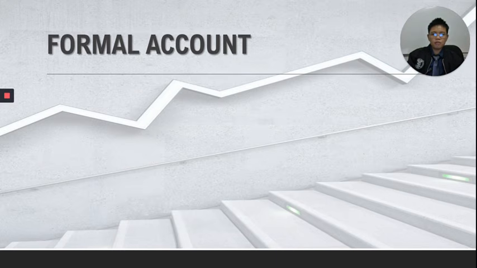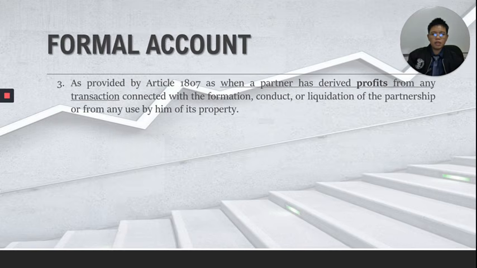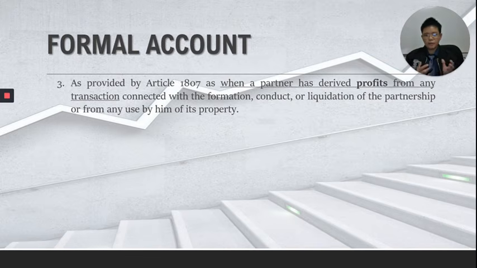What else? Also, formal accounting is available in case of Article 1807 when a partner has derived profits from any transaction. So, remember in 1807, I've already discussed that if mayroong unauthorized profits ang partnership, ay unauthorized profits na napunta sa isang partner, remember class that the partner will hold yung unauthorized profits na yon as a trustee for the partnership.